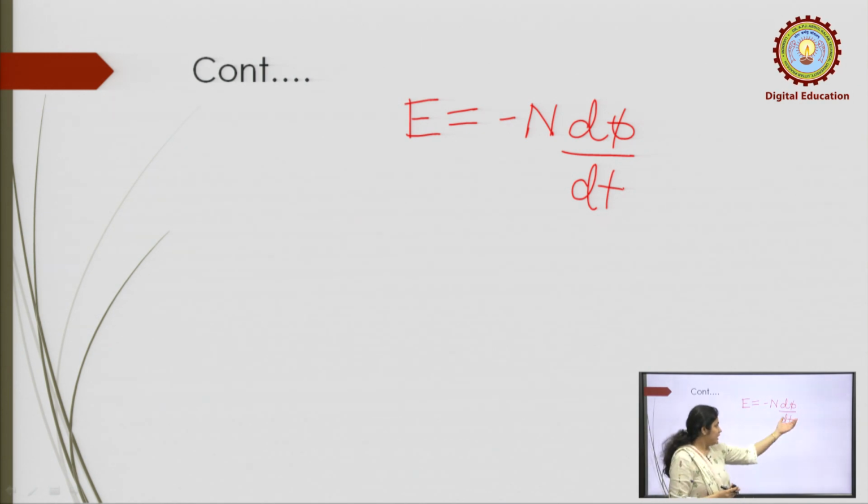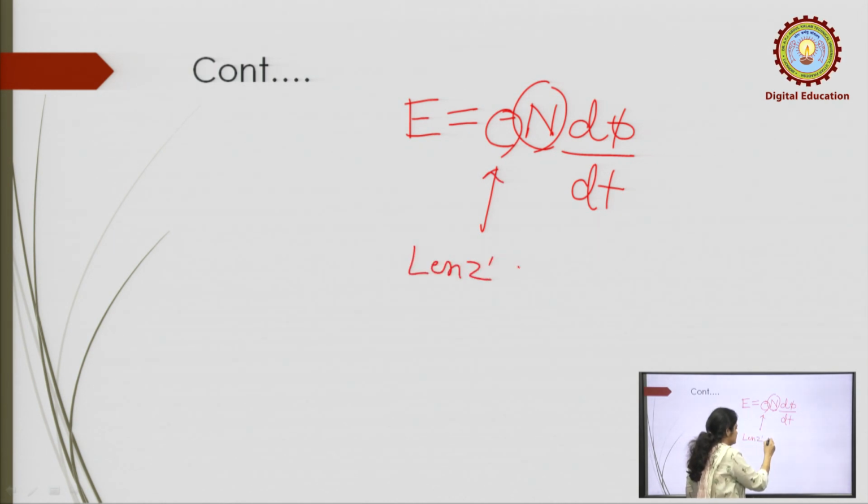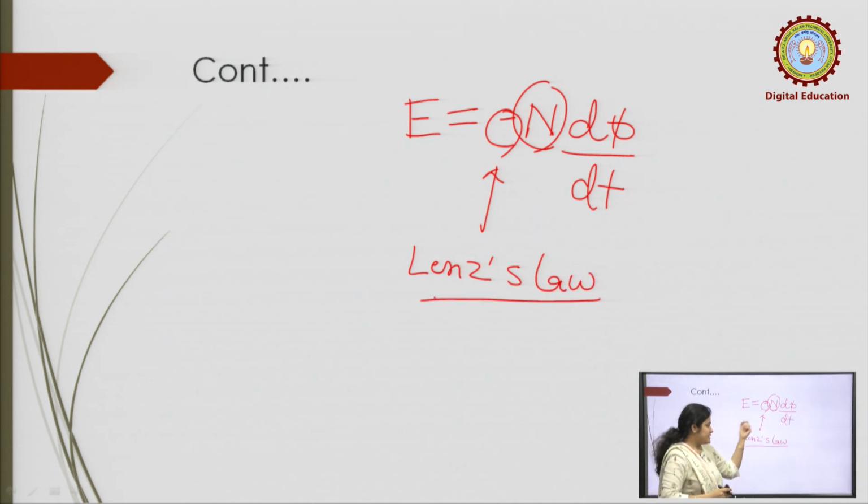When there is a change in flux, the EMF is induced in the circuit, and this is the number of turns of the coil. This negative sign represents the Lenz's law. This negative sign represents that whenever there is a change in flux, the polarity of the EMF is induced in such a way that it will oppose the flux, oppose the cause of production. So, this is the Faraday's law, and this negative sign represents the Lenz's law.